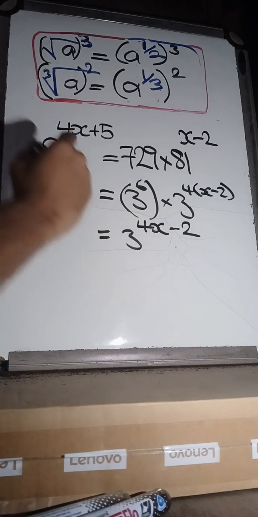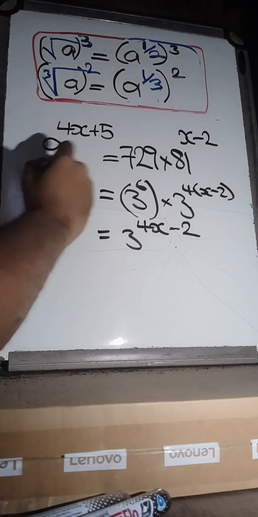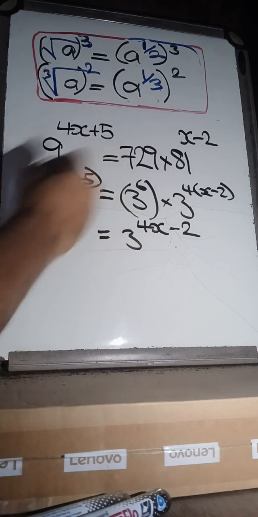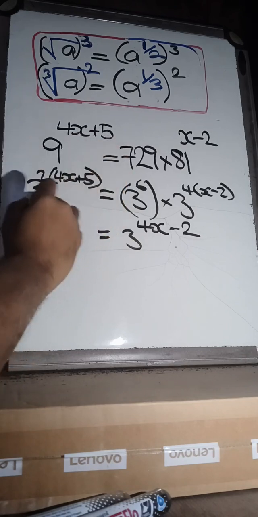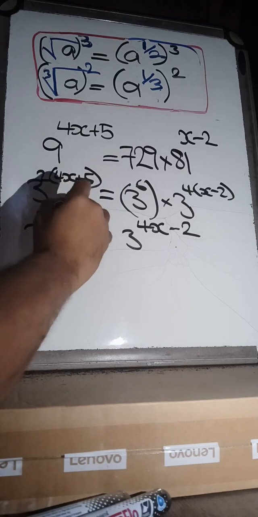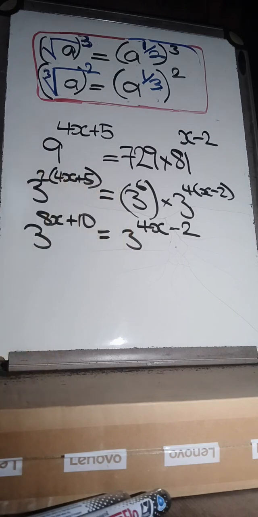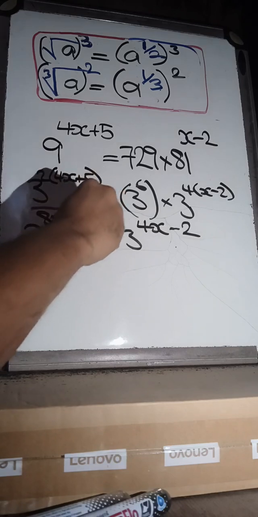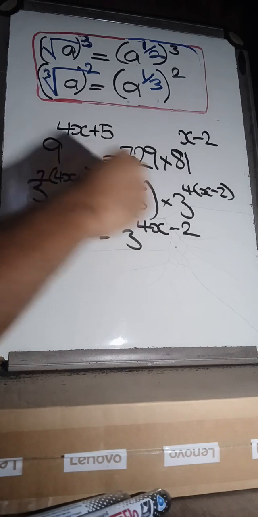Alright, so we're done with the right side. Now over here, we have what? 3 raised to the 2, 4x plus 5. This is 3 raised to the 8x plus 10. Now, let's look at exponents carefully. This is 8x plus 10.